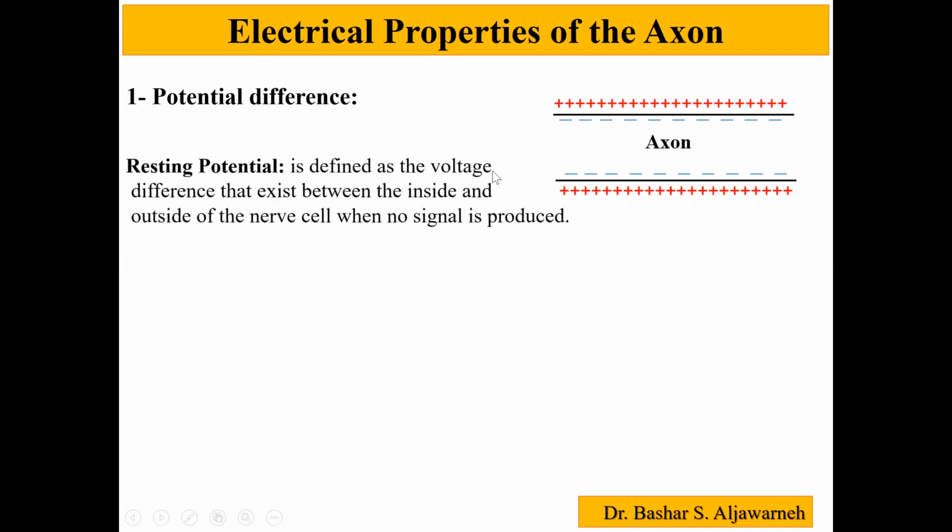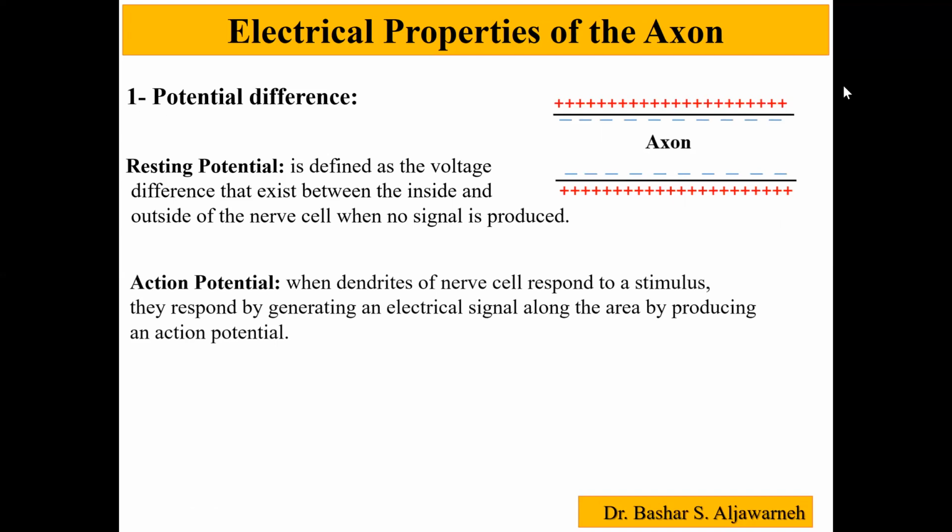We have two types of potential: resting potential and action potential. The resting potential is the electrical potential difference between the inside and the outside of the axon when there is no signal at all.